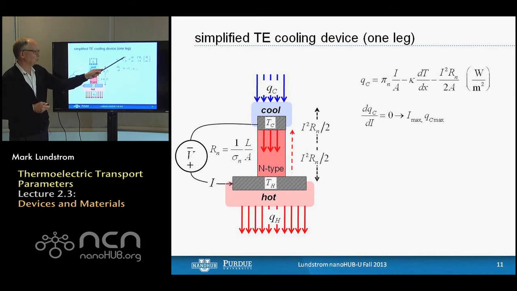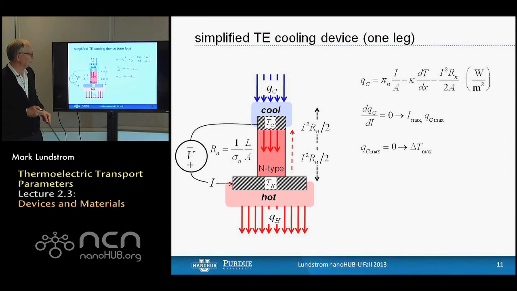If my current is too low, I won't be having much Peltier cooling. If my current is too high, I'll have a lot of I squared R resistive power dissipation. So there's some optimum current. I can find that optimum current just by differentiating this heat flux with respect to current, setting it equal to 0. That will give me the current that I should operate this device at to pump the maximum amount of heat.